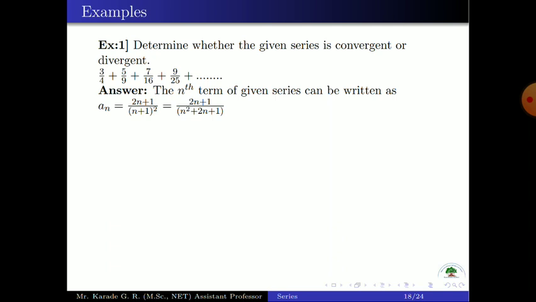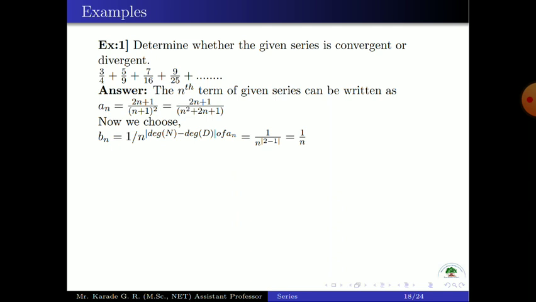So for large values of n, we choose bn by using this formula: bn is equal to 1 upon n raised to the power mod of degree of numerator minus degree of denominator of the an.